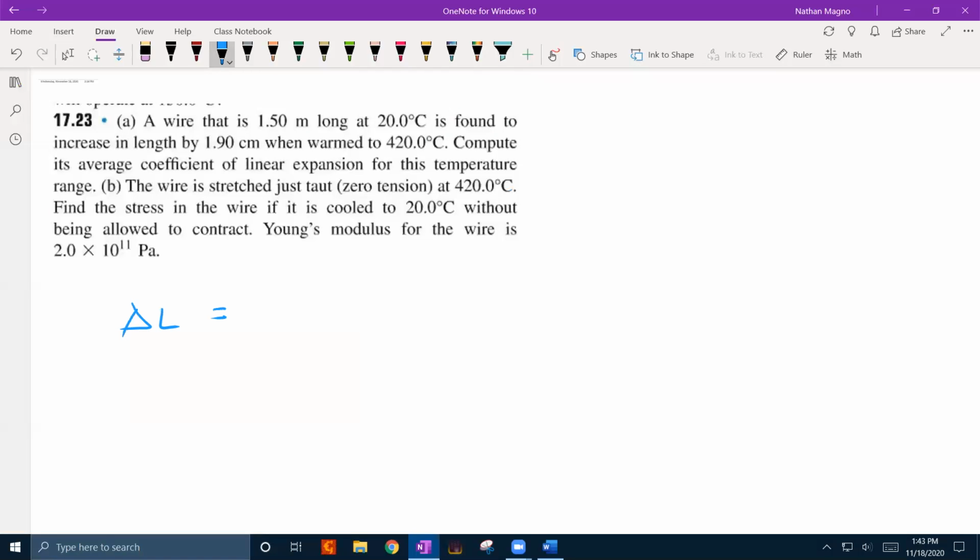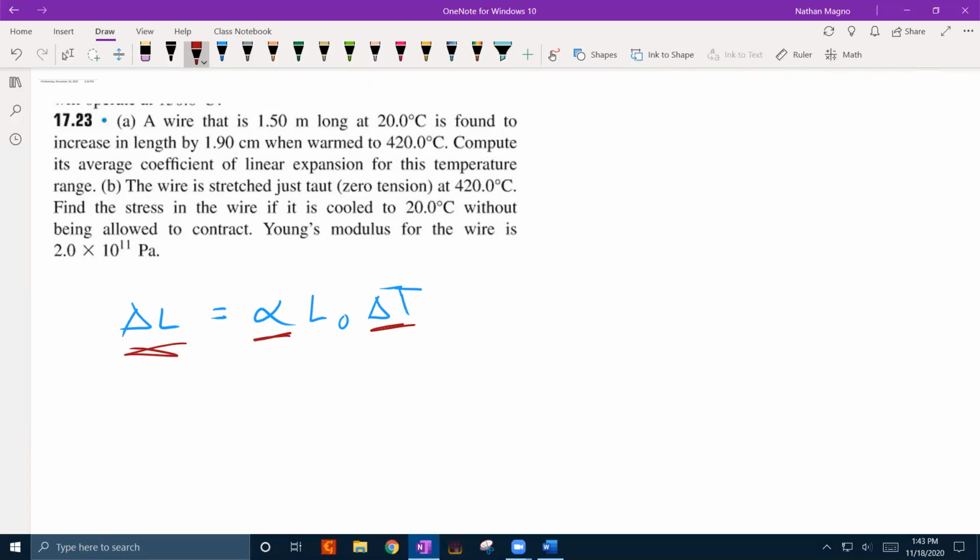Your change of length, if there's heat, is going to be a constant, I forgot what it's called, some coefficient, times your original length, times your delta T, your temperature change. Basically, this equation says your change in length depends on this coefficient and your temperature change.